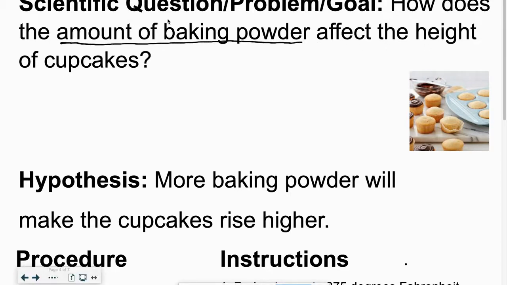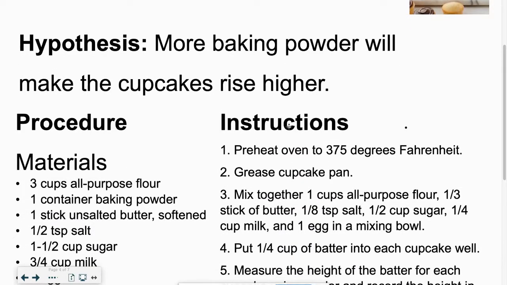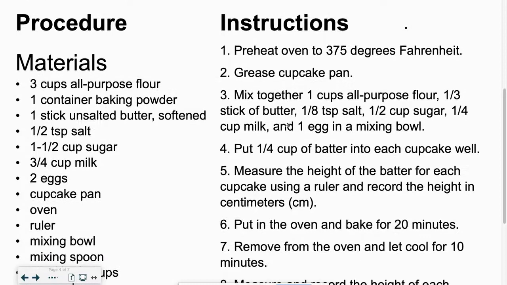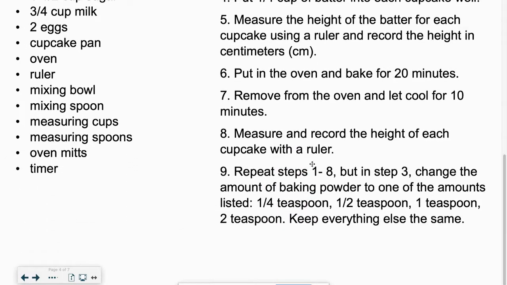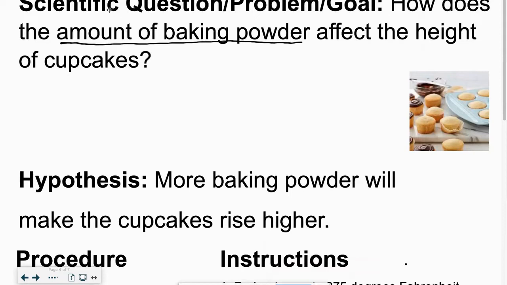So I see the amount of baking powder, right? And if we go to our instructions, there are amounts of 0. This one has 0 teaspoons of baking powder. And then we're going to repeat for these amounts. So we definitely need to work in 0 teaspoons, a quarter teaspoon, a half teaspoon, 1 teaspoon, and 2 teaspoons into our data somehow.